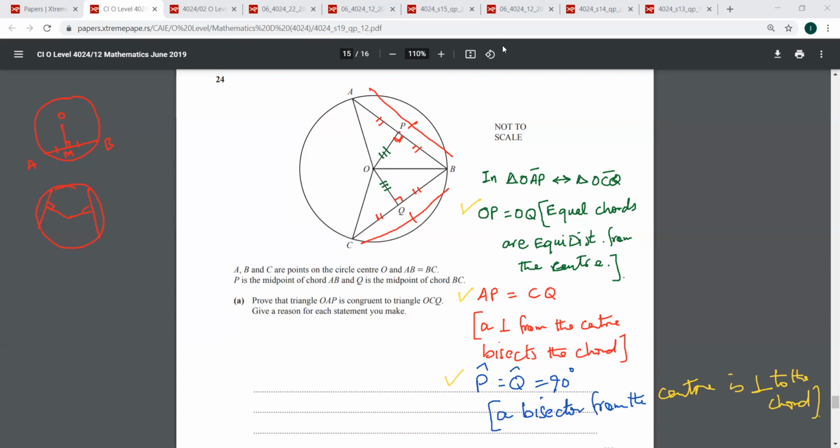So hence, we can say that therefore, the triangle OAP is congruent to the triangle OCQ. But you will have to write this much. You are not required to write the stories there. Okay, you tell this side equal to this side and then mention the reason.